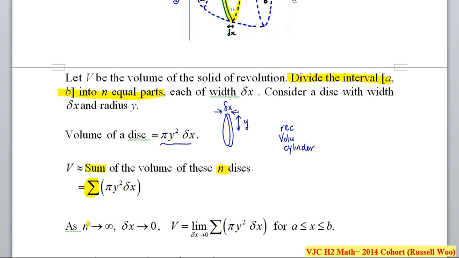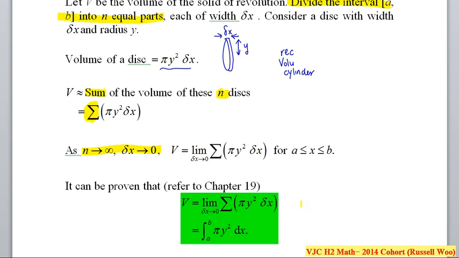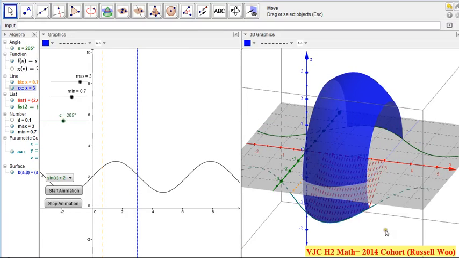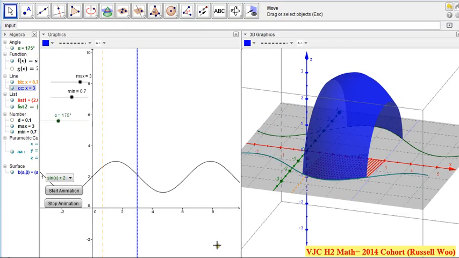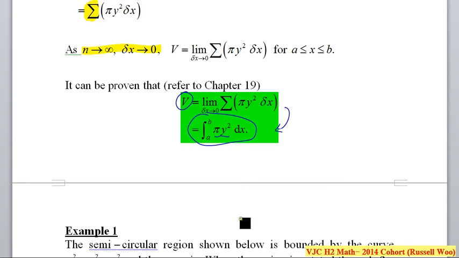As n tends to infinity, dx tends to 0. Similarly, it can be proven that the volume is just the integral from a to b of pi y squared dx, because you're summing the individual strips up like that. Okay?